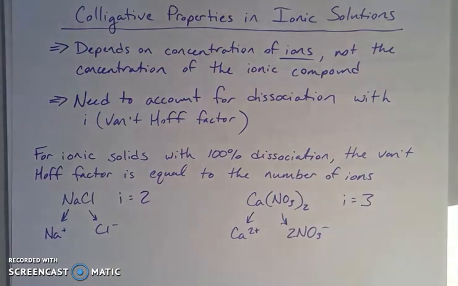So for ionic compounds, if we assume 100% dissociation, then the van't Hoff factor, or the multiplying factor, is going to be equal to the number of ions, or the number of formula units, in that compound. Formula units can include things like polyatomics, where the polyatomic itself does not split apart.